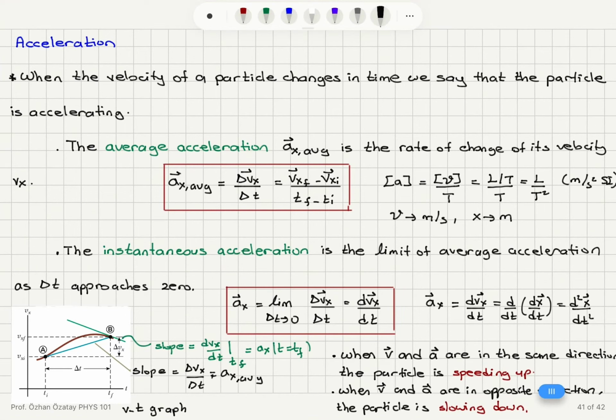Now, when velocity and acceleration are in the same direction, that means the velocity is increasing in time, we say that the particle is speeding up. And when velocity and acceleration are in opposite directions, then we say that the particle is slowing down because it is decelerating.